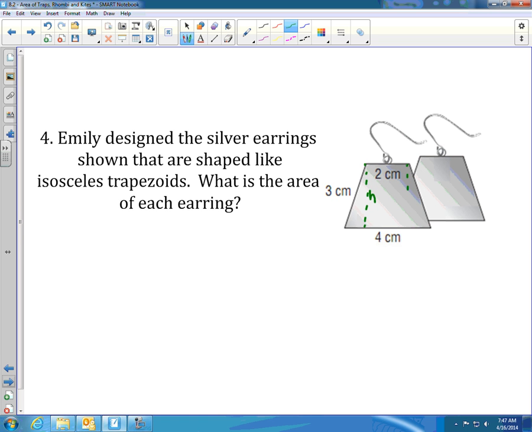So if we bring this down here, we know this part's 2. 4 minus 2, 2 goes for that. And for that, remember it's getting split. So this is 1. So we're going to do 1 squared plus our height squared equals our hypotenuse squared. Go ahead and find that height.